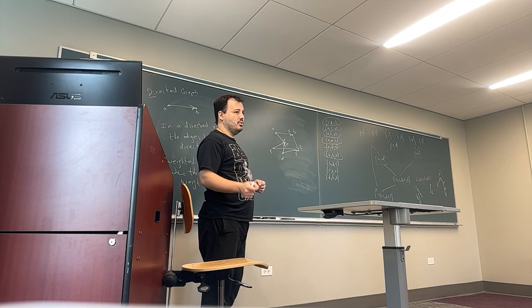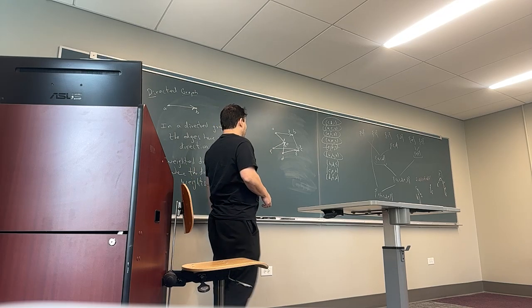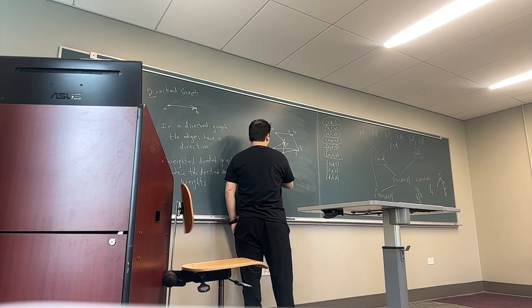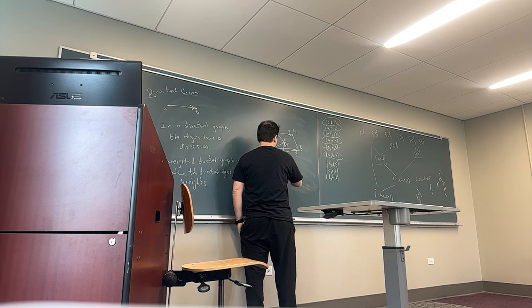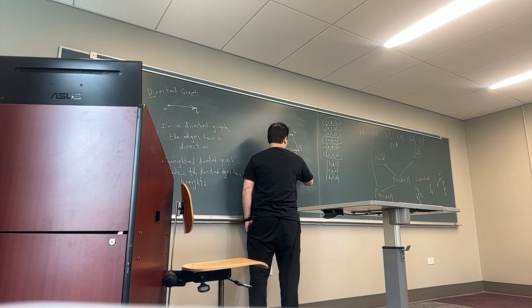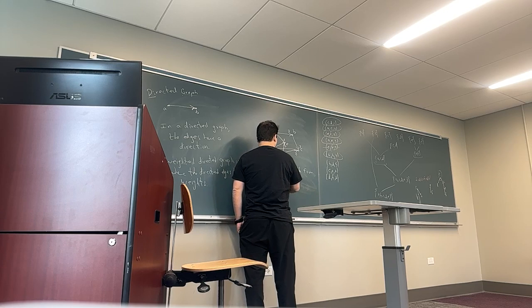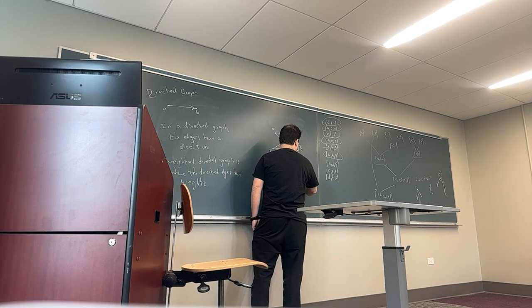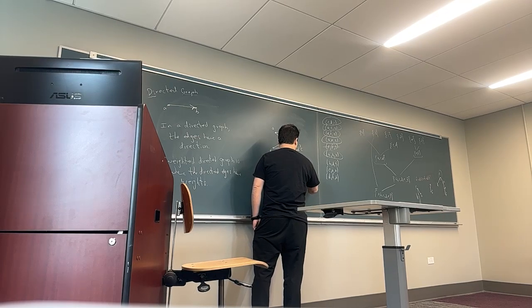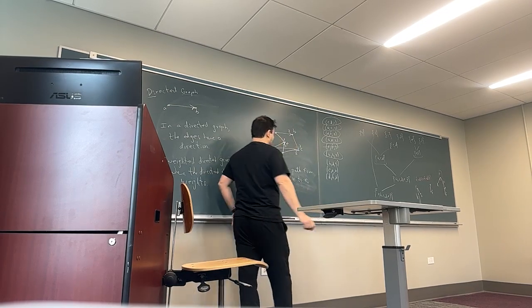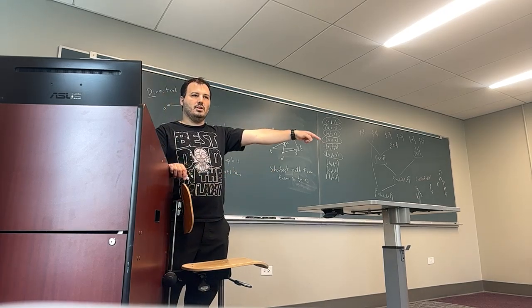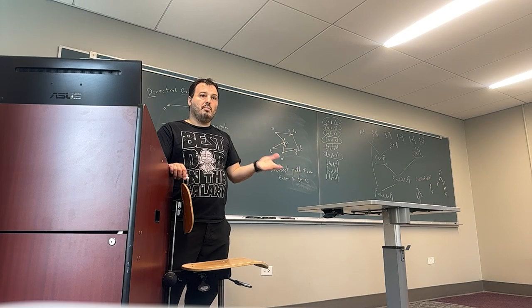Each one has a number associated to it. And one thing you might care about is what's the shortest path from a vertex to another vertex, from U to B. Alright, so we care about this question. If you start in one vertex and you're going to another vertex, what's the shortest path?